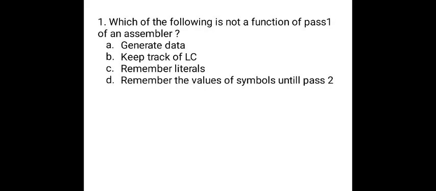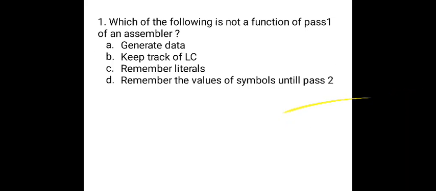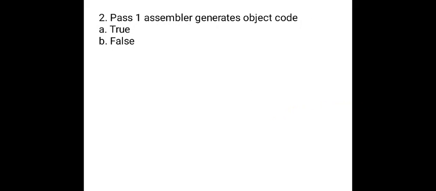B will be done by pass 1. Even it is going to remember literals using the literal table, and even the values are stored for pass 2. Therefore we can tell that the answer for question number 1 is A, that is, generate data. Generating data is not a function of pass 1 of an assembler.